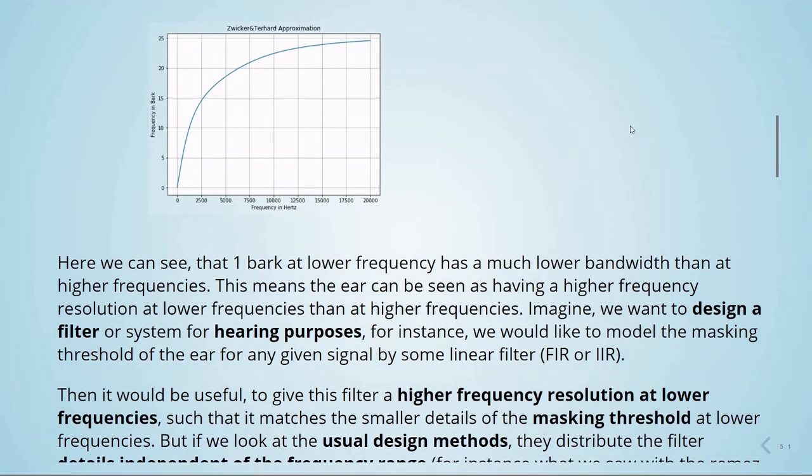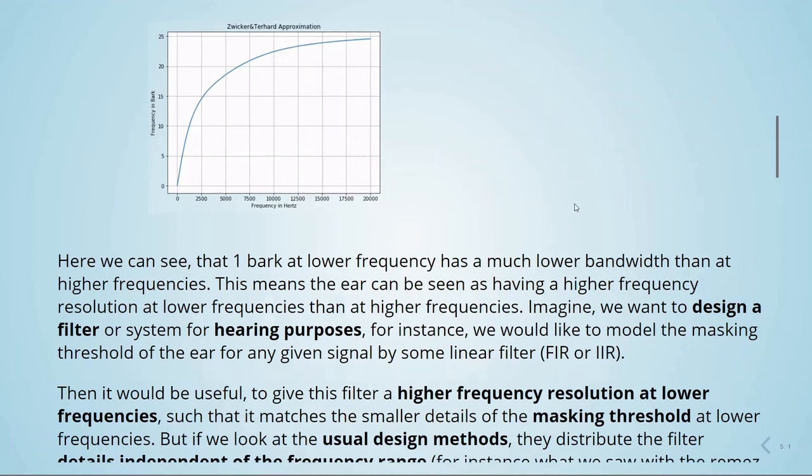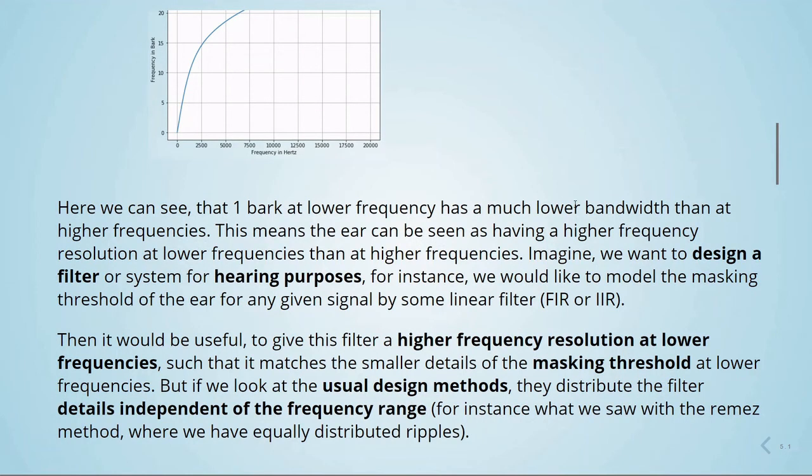So imagine we want to design a filter or a system for hearing purposes, for instance, and we would like to model the masking threshold of the ear for any given signal by some linear filter, FIR or IIR. Then it would be useful to give this filter a higher frequency resolution at lower frequencies, such that it matches the smaller details of the masking threshold at the lower frequencies.